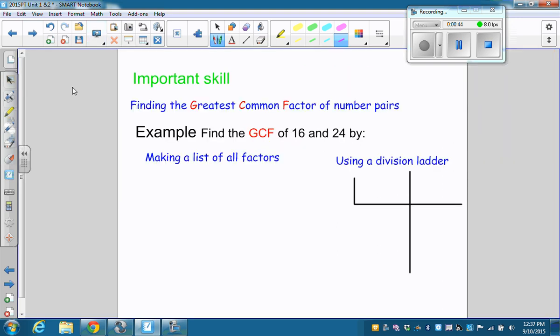So before we start, we're going to find the greatest common factor of 16 and 24 with the method that we learned yesterday in class, which was just making a list of factors, just as a review. So for 16, if I list the factors, 1 times 16, 2 times 8, 4 times 4. So now I know that I have all the factors because I have that repetition.